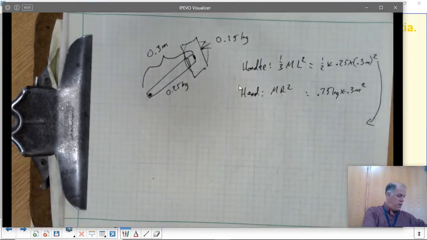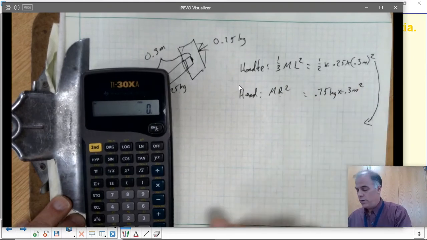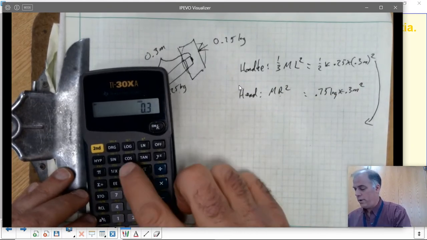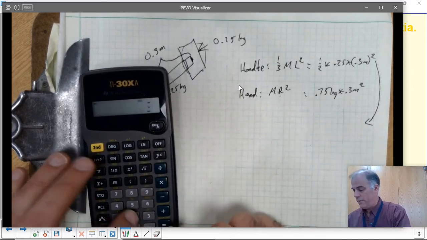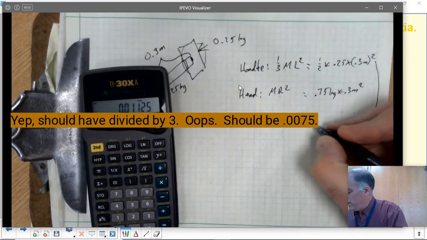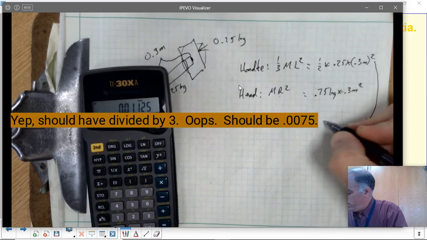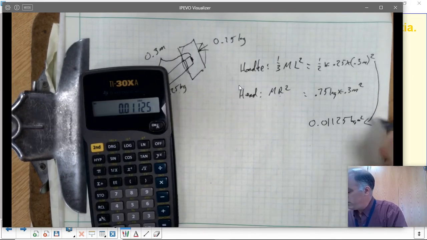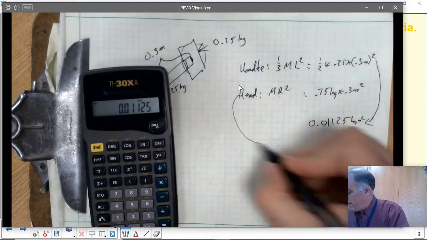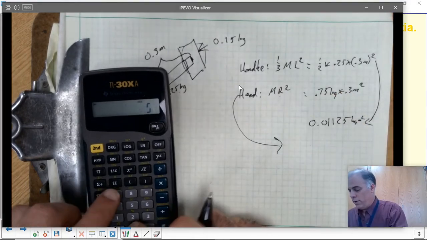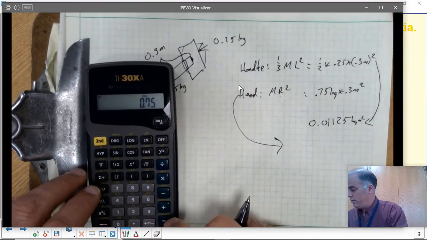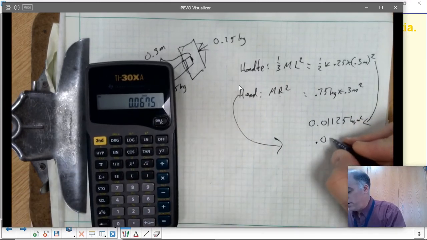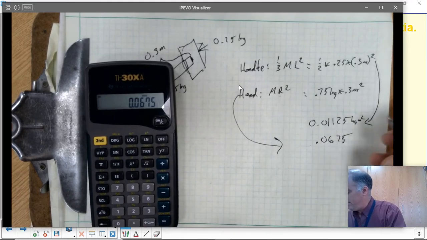This comes out to be, so we're going to do the math on this, and we get 0.25 times 0.3 quantity squared, and we're going to divide that by 3. So for the handle, we get 0.01125 kilogram meters squared. And for the head of the hammer, we get 0.75 times 0.3 quantity squared equals 0.0675.